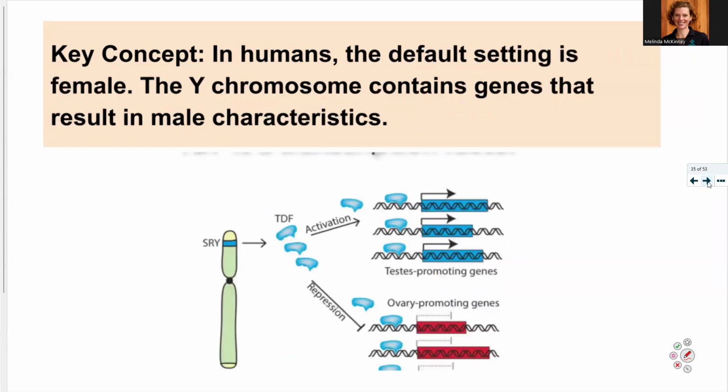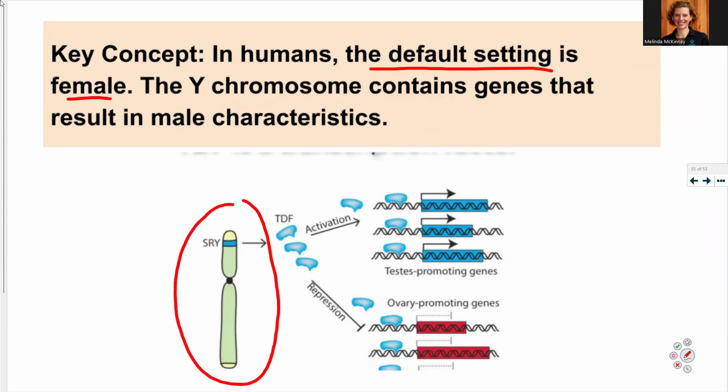So in humans, the default setting is female, and the Y chromosome contains genes that are going to activate male characteristics. So here's our short Y chromosome. There's a region called the SRY.